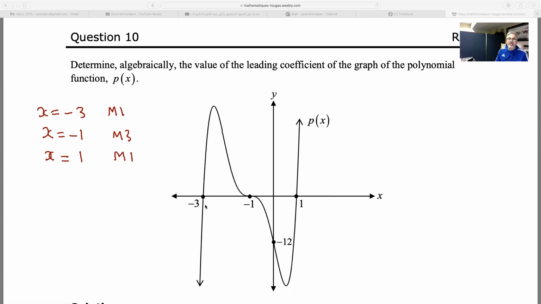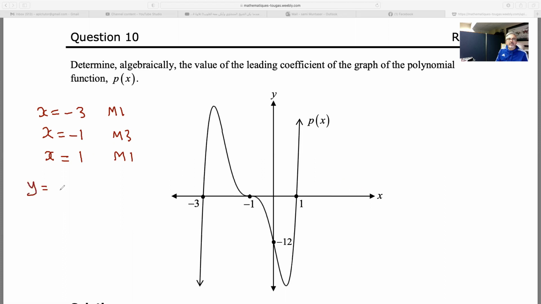Now you could ask me, why is it multiplicity of 1 and why is it multiplicity of 3? If your curve goes right through the zero, it's a multiplicity of 1. If it goes through it for a bit longer, it's a multiplicity of 3. If it bounces, it's a multiplicity of 2, but we'll deal with that when we get there. We don't have that in there, so just get rid of it.